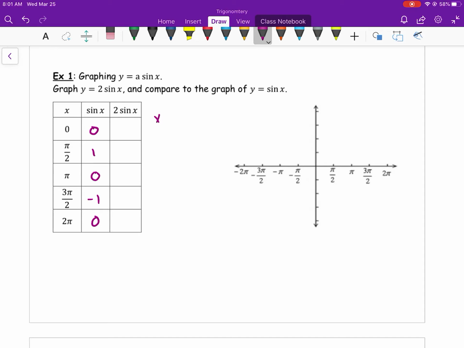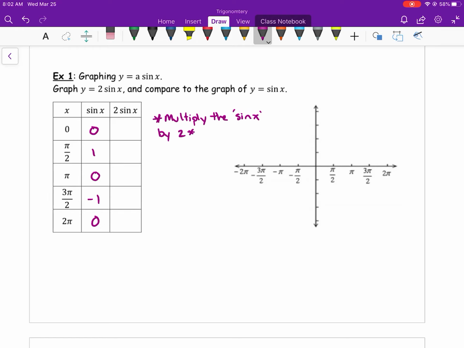So for 2 sine of x, all we're going to do is multiply the sine of x column by 2.